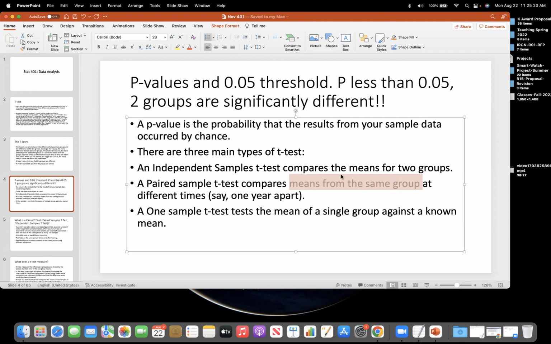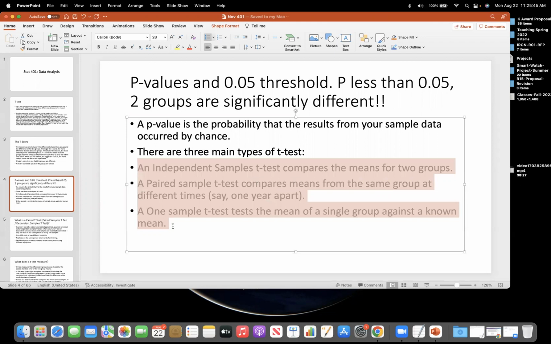So if you're looking at two groups and comparing means, that is usually an independent sample t-test. If you're looking at means from the same group, just one group, then it's called a paired sample t-test. And a one sample t-test looks at the mean of a single group against a known mean, right?